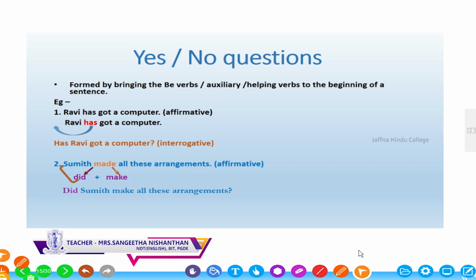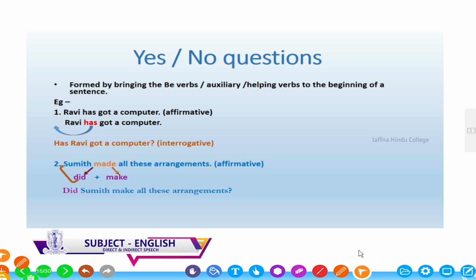Look at the second one. Sumit made all these arrangements. Here the helping verb did is joined with make, and the verb is now made. But within the made, there is a did and make.